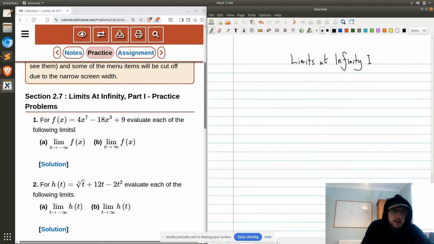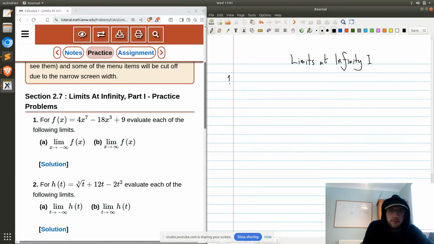As you can see, we're looking at functions in this first problem here, a polynomial of degree 7, and we're thinking about the behavior of the function as you input ever larger or ever smaller numbers. And what do I mean by that? Numbers that get closer and closer to positive infinity and numbers that get closer and closer to negative infinity.